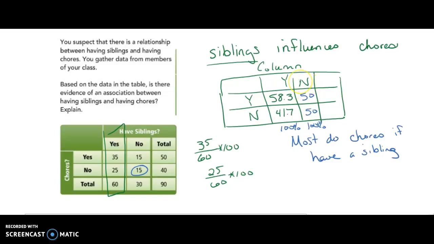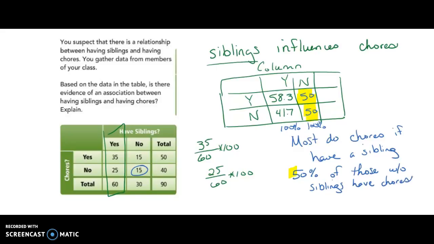Out of the people who do not have siblings, 50% are going to have chores, 50% do not have chores. So if you don't have a sibling, you're equally as likely to have chores or not have chores. But if you do have a sibling, you're more likely to have chores.